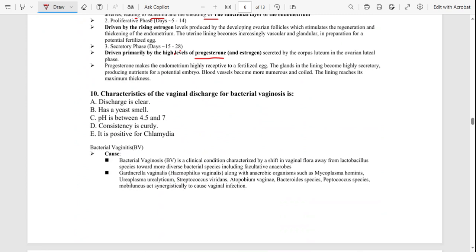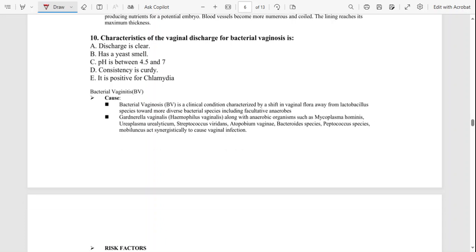So let's review BV. BV is caused by an imbalance between the normal flora of the vagina and the anaerobes.